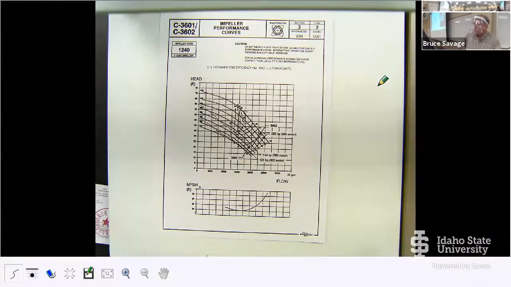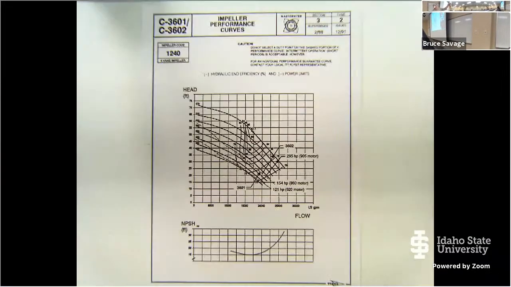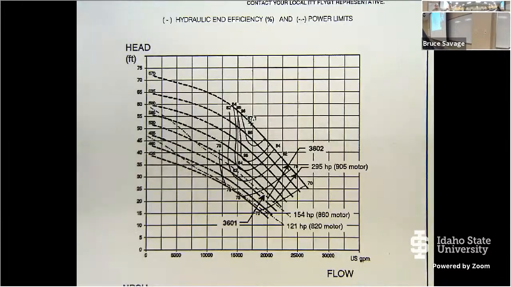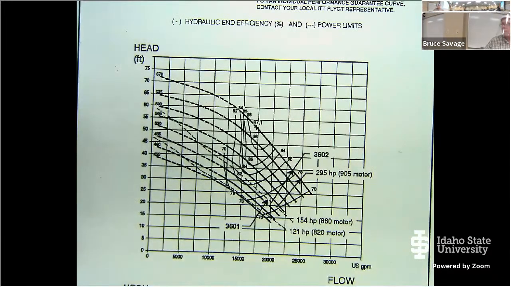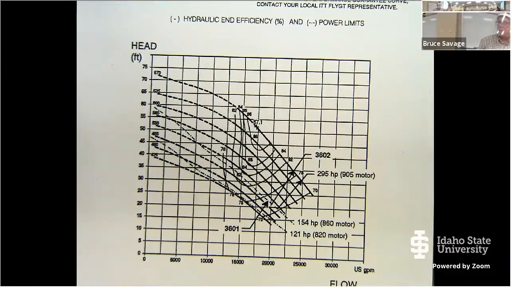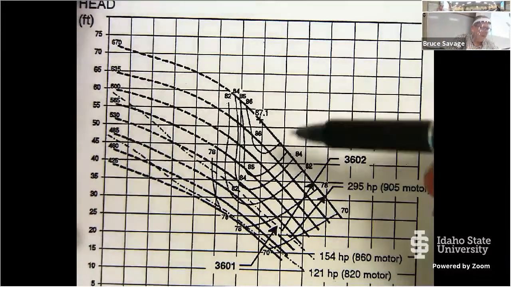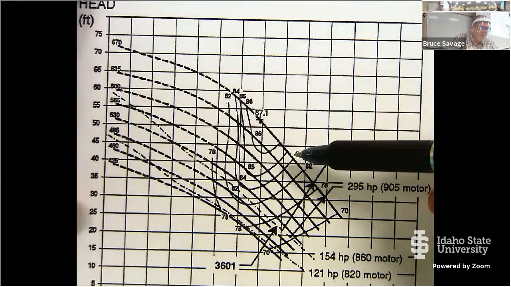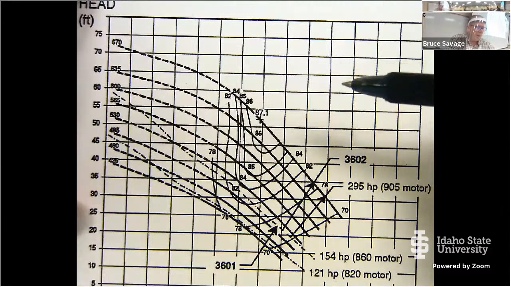All right. So here we have a pump curve, and I want to highlight the efficiency curves on here, which aren't the greatest, a little hard to see. But imagine, if you will, that these are contour lines, because essentially that's what they are.